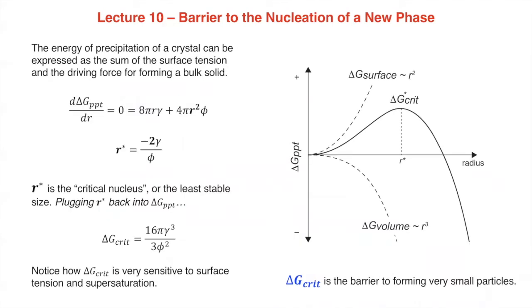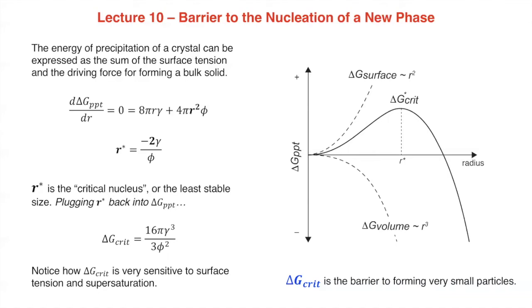Now, you can study what the conditions are at this peak maximum, where the derivative of the delta G for precipitation versus radius is equal to 0. So at R star, you can solve this equation and show that the R star is really defined by the ratio of the surface tension and the supersaturation energy.